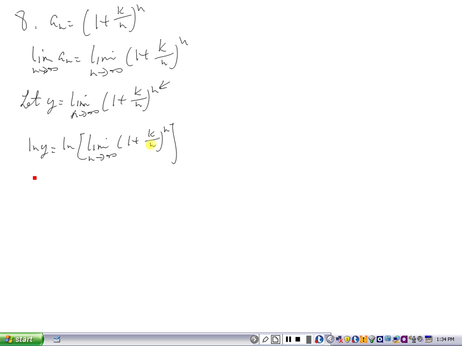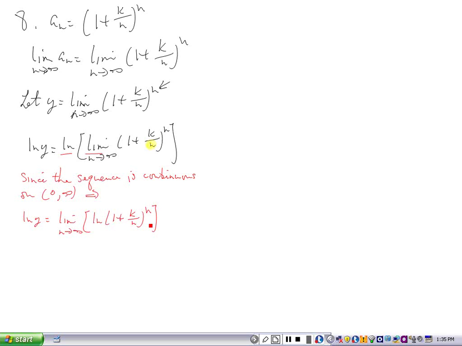So it's continuous since the sequence is continuous on the open interval from 0 to infinity. This implies that I can interchange these two statements. So the natural log of y is equal to the limit as n goes to infinity of the natural log of 1 plus k over n to the nth power.